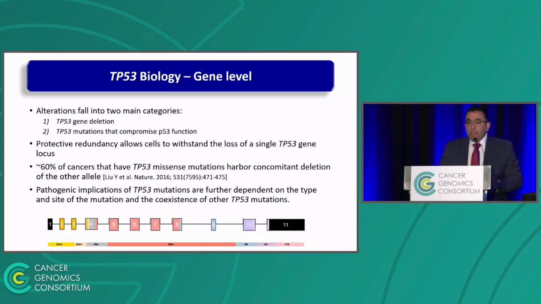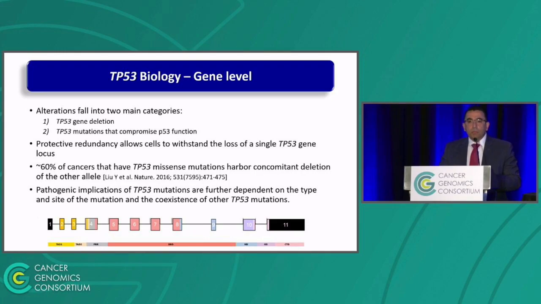It is on that basis that it might not be surprising to know that 60% or so of cancers in humans have P53 missense mutations plus concomitant deletion of the other allele.